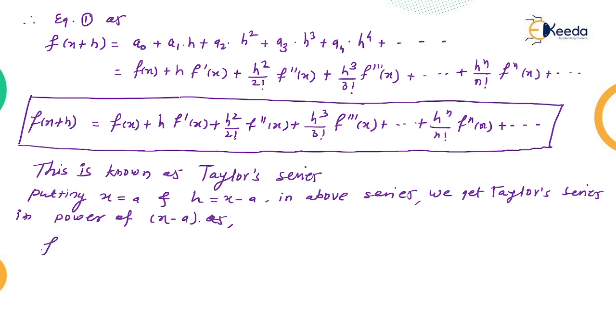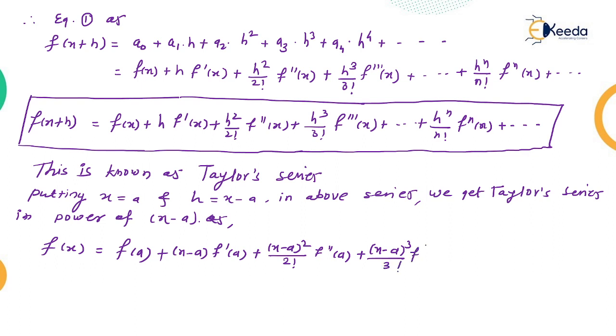We get this power series as f of x is equal to f of a. If we substitute x as a and h as x minus a, then this is f of a plus x minus a into f dash of a plus x minus a bracket square upon 2 factorial into f double dash of a plus x minus a bracket cube upon 3 factorial into f triple dash of a plus and so on.